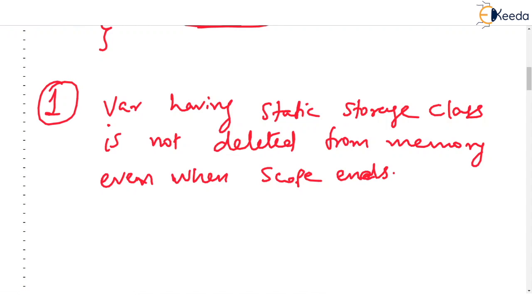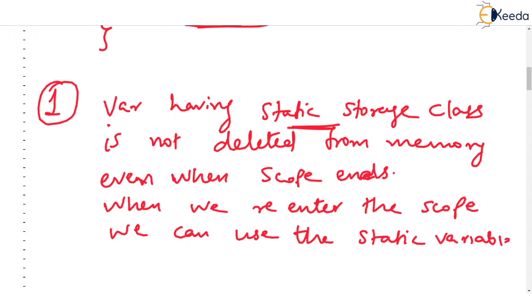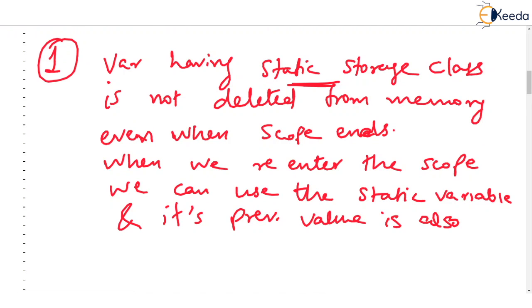When we re-enter the scope in which that static variable is declared, we can use the static variable and its previous value. The previous value is also available, isn't it? Because the value was also restored. This is the first point we saw about static storage class.